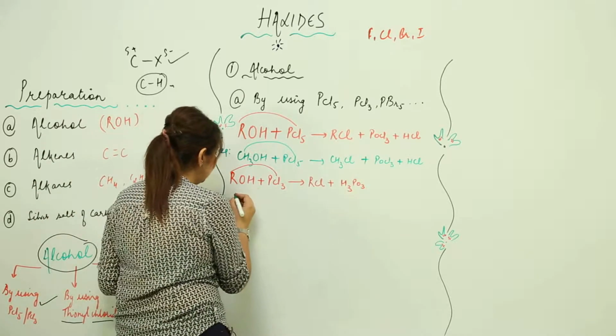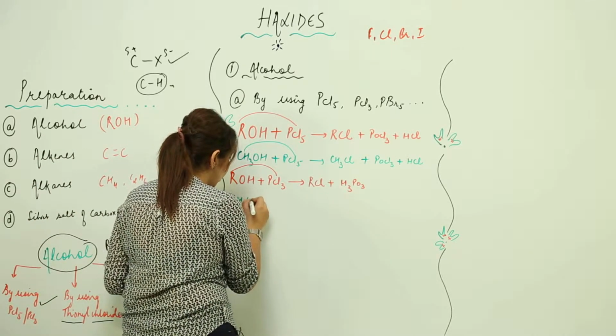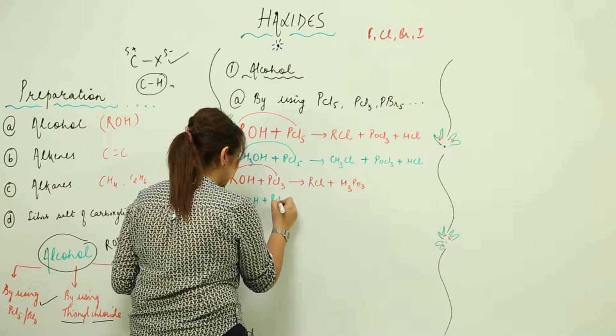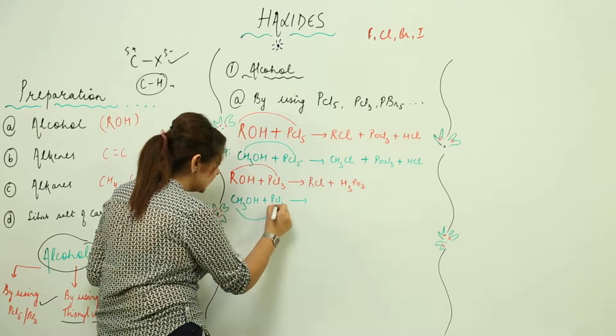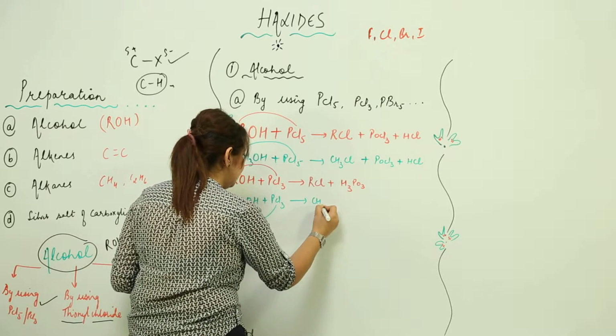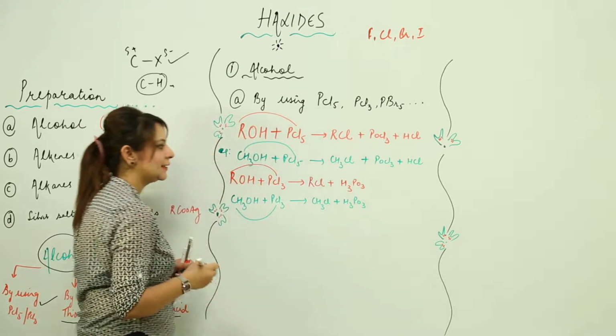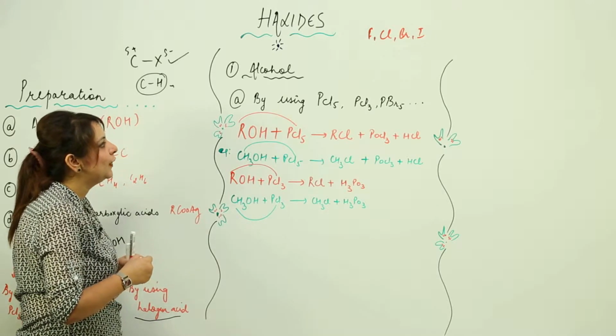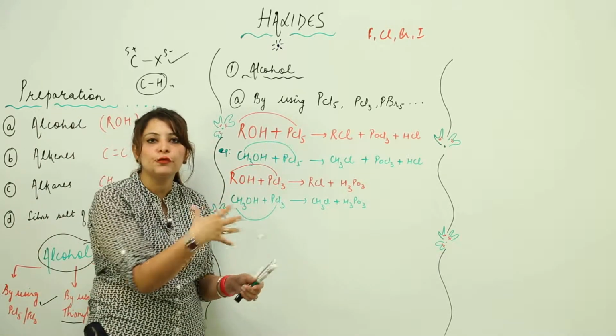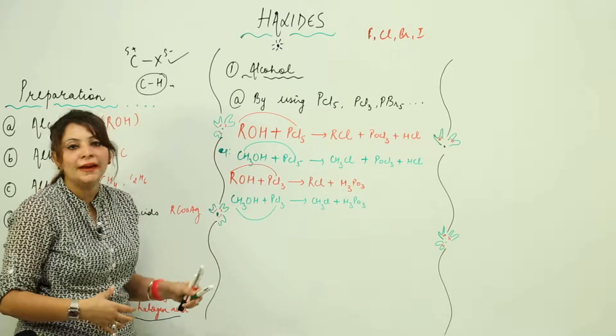Just write an example. Let's say again we have methanol, we add phosphorus trichloride, we get RCl. So this is our RCl, methyl chloride, and along with that we get phosphorous acid. So this is the reaction by which, using PCl5 or phosphorus halides, we can actually prepare the alkyl halide.